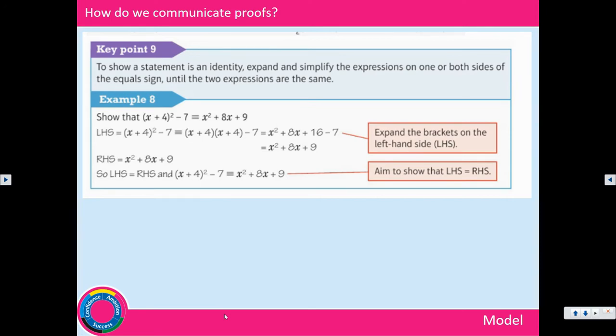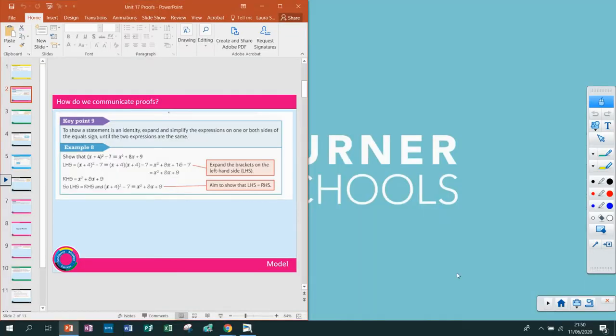So we would make sure we expanded and we simplified the left-hand side as they did, and then we would state that they were equal to each other and therefore they're always equal to each other. Okay, and that's how we do this. So if you could press pause and make sure that that's in your notes, that would be lovely, and then press play once you've done that. Okay, good, thank you.